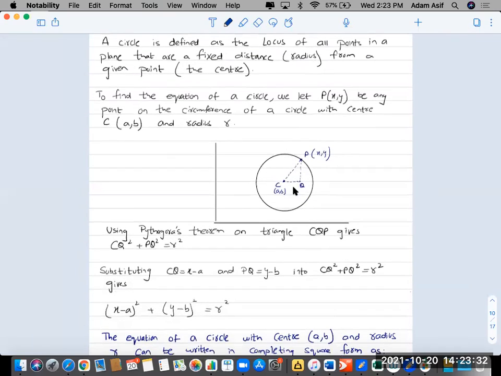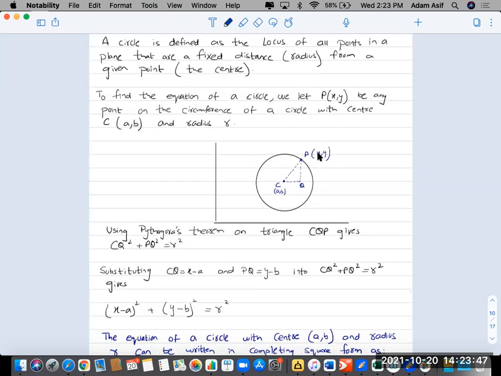So in this example, we are going to be deriving the equation of a circle, and that is derived using Pythagoras theorem. So if C is a center with the coordinates of A, B, and P is a point, P is any point on the circumference.